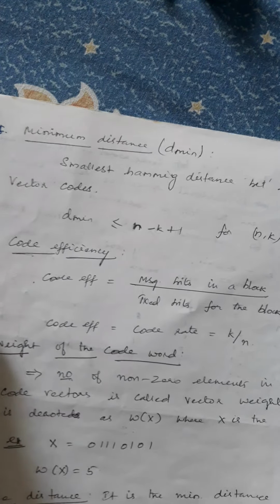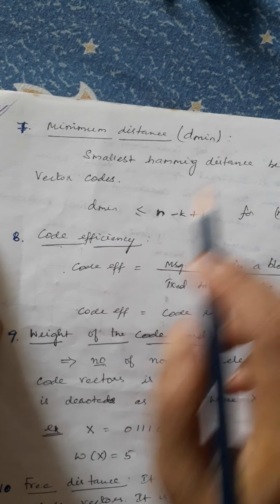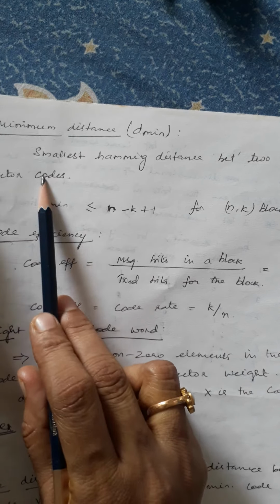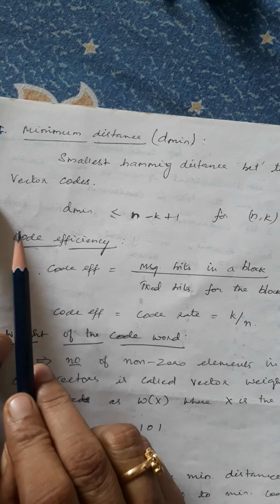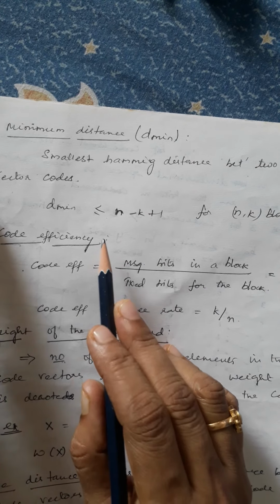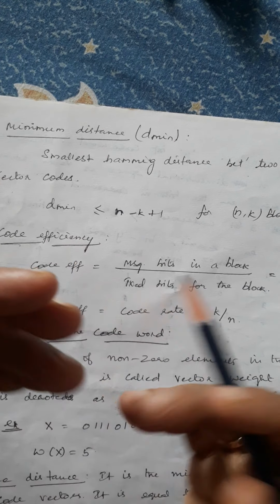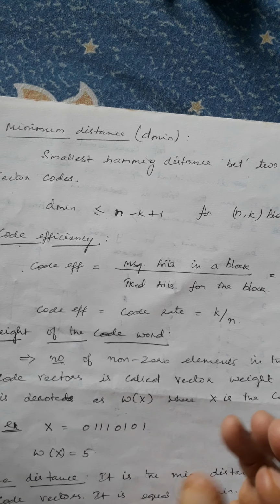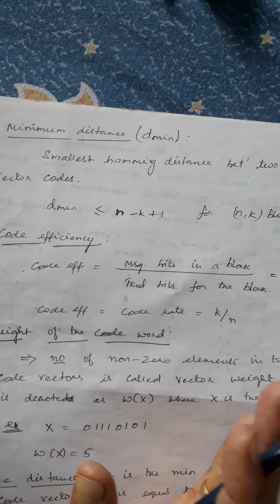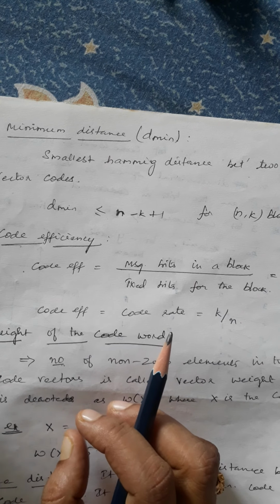Next parameter is the minimum distance, D minimum, which is the smallest Hamming distance between two valid code vectors. In that there may be a 3-bit change, 4-bit change, depending upon the code word size. What is the minimum difference between the code words?